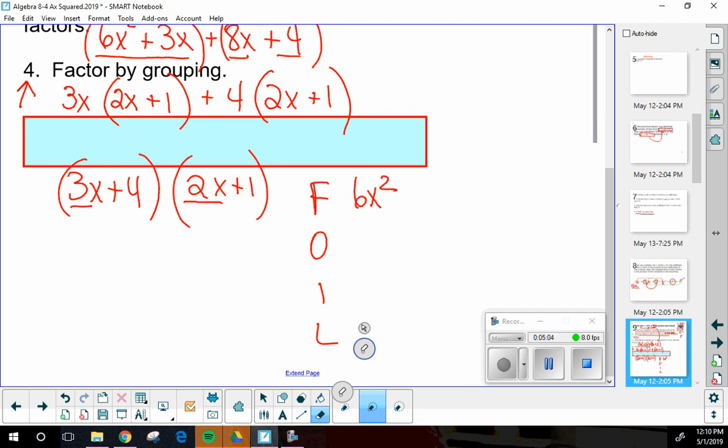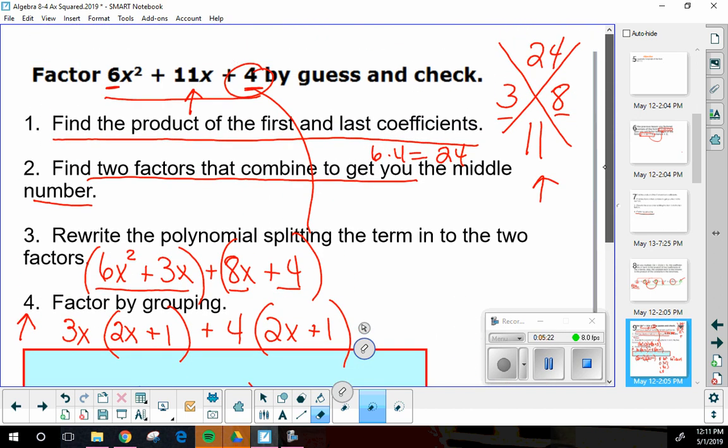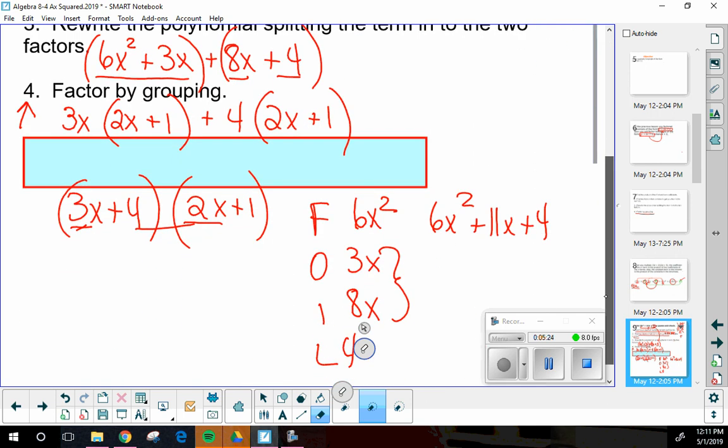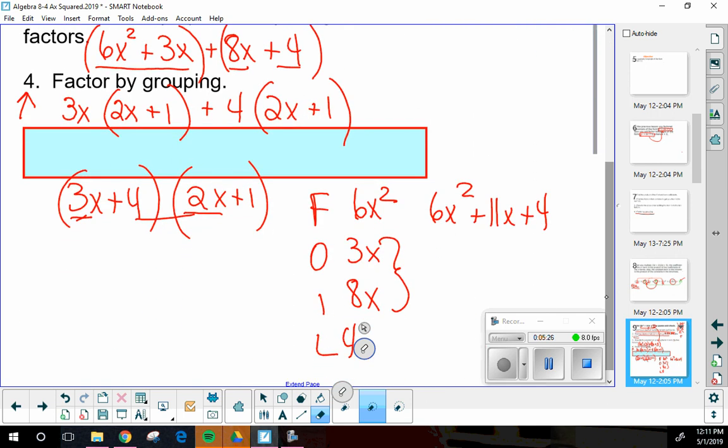Then the outer, 3x times 1 is 3x. 4 times 2x is 8x. 4 times 1 is 4. We're going to add these two, and we get 6x squared plus 11x plus 4. And you can see that that is exactly what we started with. All right, let's practice again.